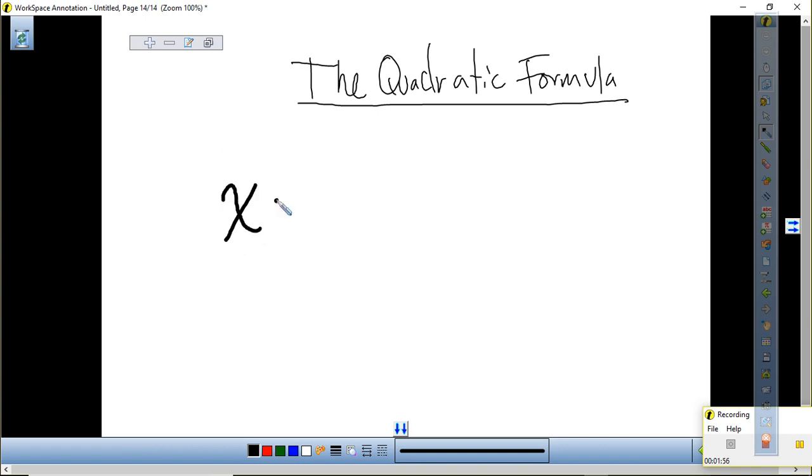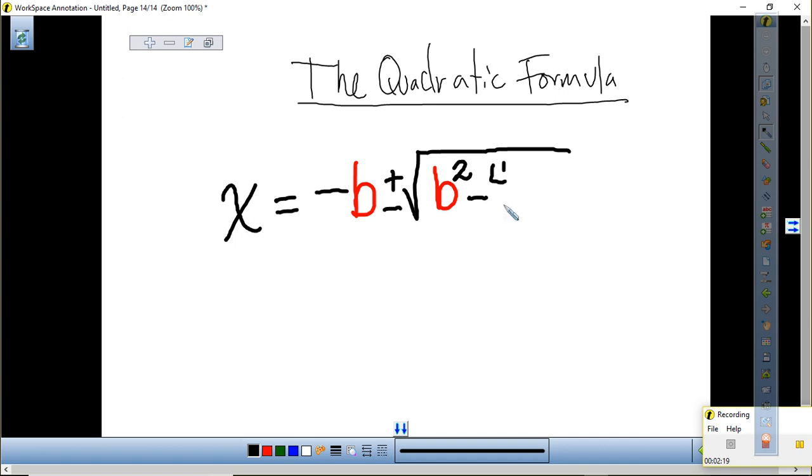X equals minus, switch to red, B, switch to black, plus minus, square root, switch to red, B, switch to black, squared, minus 4, switch to blue, A, switch to green, C, switch to black.